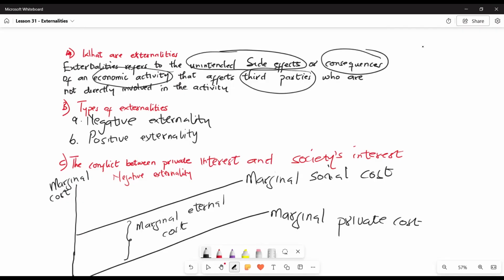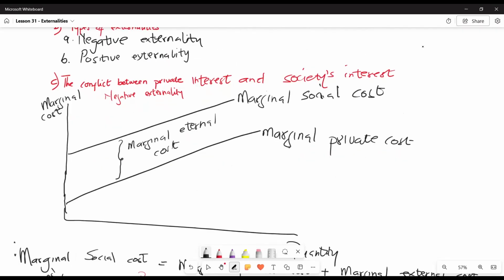And because of that you may do less of it than required by society. So now let's move on to the conflict between private interest and society's interest. Now, externality creates a difference between what an individual considers optimal and what is optimal from society's perspective. So it creates something more like a tension between private and society's interest.